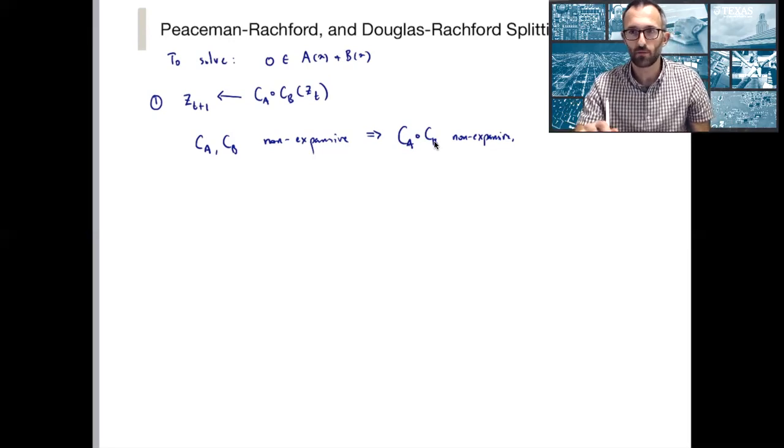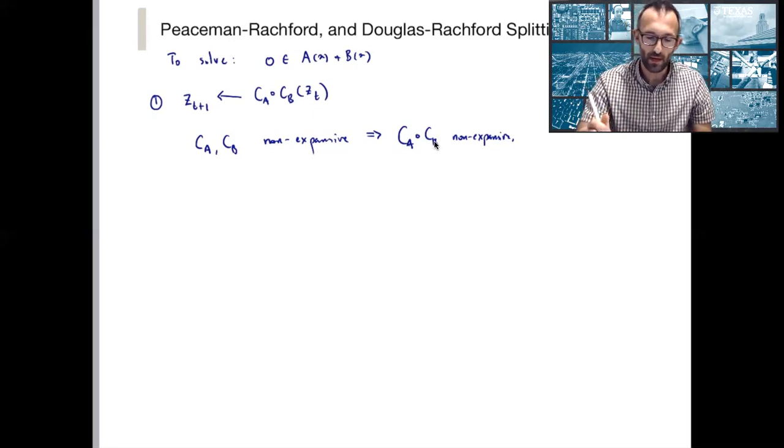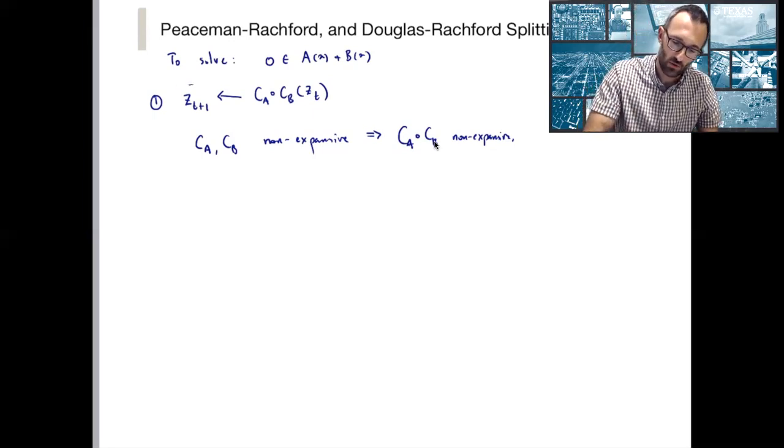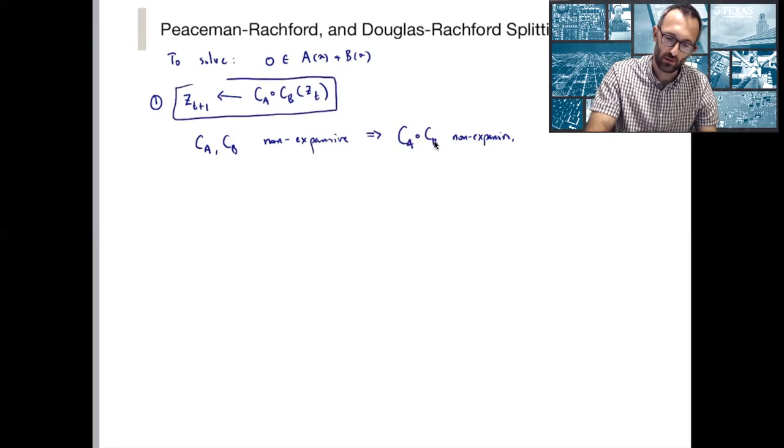Just in terms of the history and the literature, this iteration is called the Peaceman-Rachford algorithm. So just this iteration here is called Peaceman-Rachford.